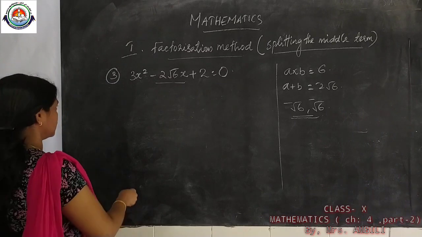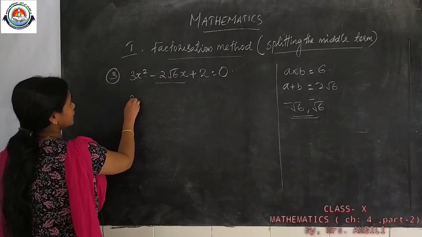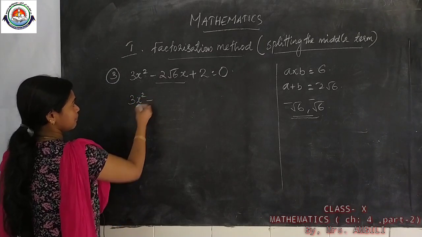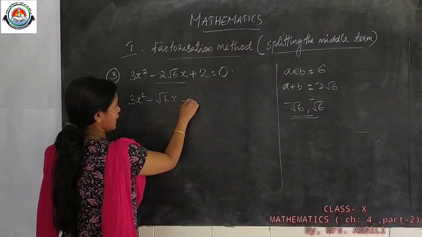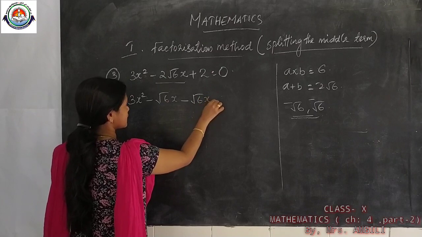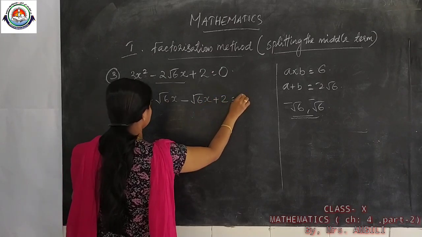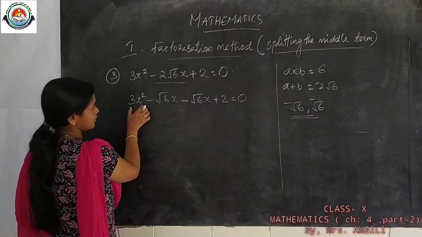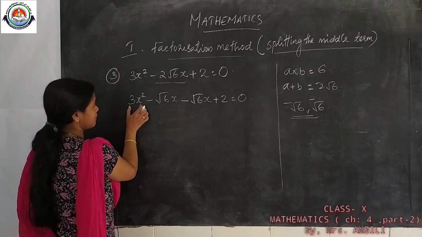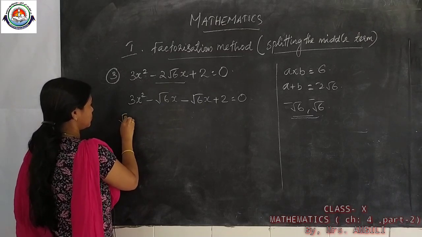So here we can write 3x square minus root 6x minus root 6x plus 2 equal to 0. Then listen, this 3 I am splitting as root 3 into root 3.